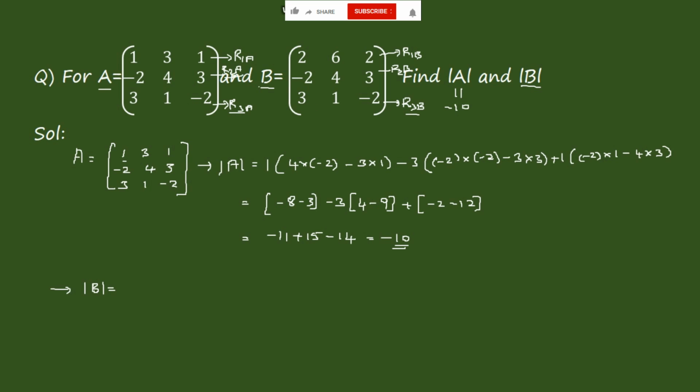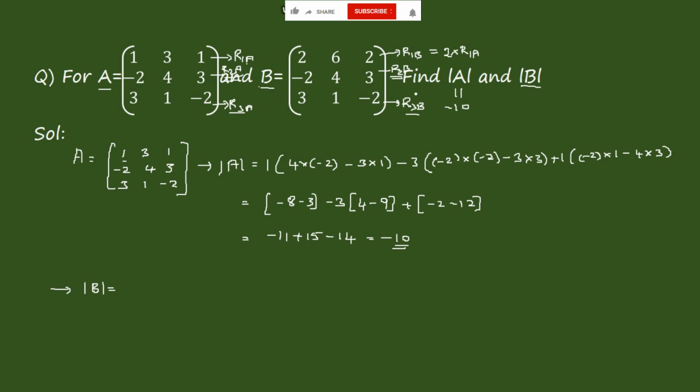Similarly, the second rows of A and B are the same, -2 4 3 and -2 4 3. Row 1 of B is 2 times row 1 of A.